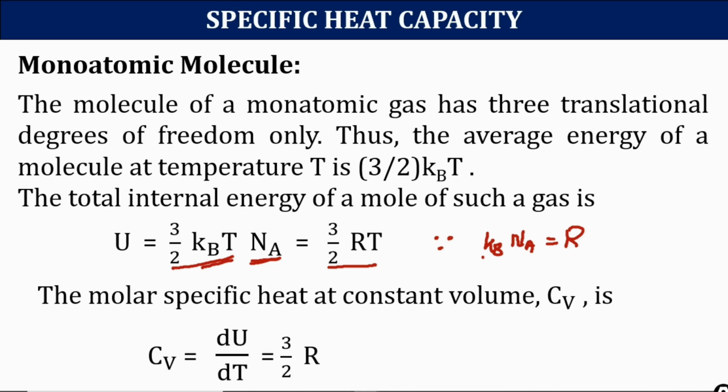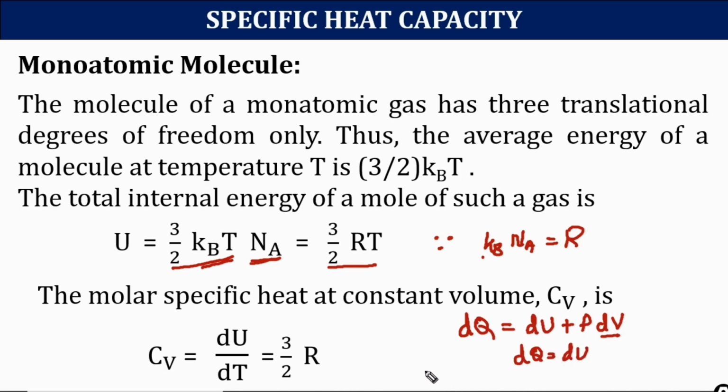Cv is equal to dU by dT, which in turn is equal to 3 by 2 R. How did this come? Considering the first law of thermodynamics, we know that the amount of heat supplied dQ should be equal to the change in the internal energy plus the work done, P dV. At constant volume, dV is 0, so we can see that dQ must be equal to dU.